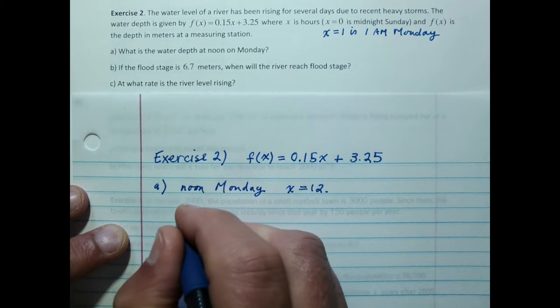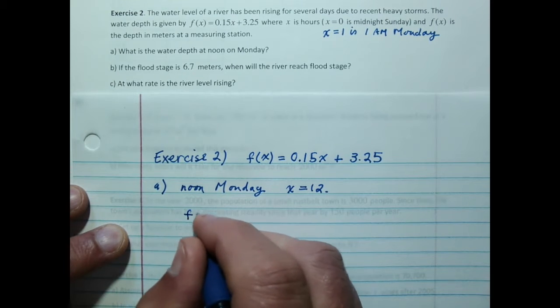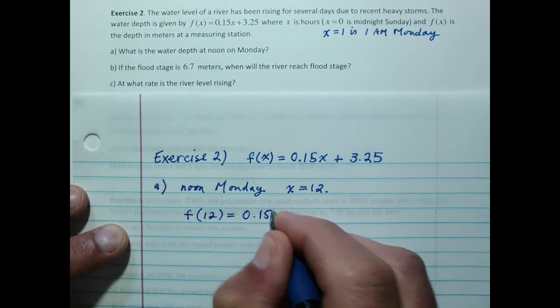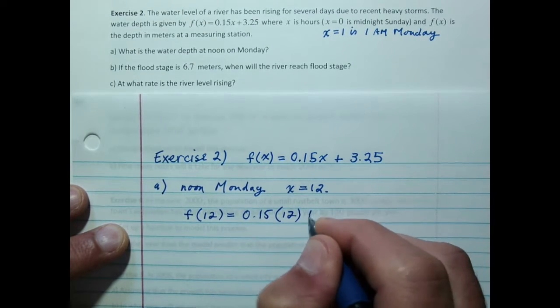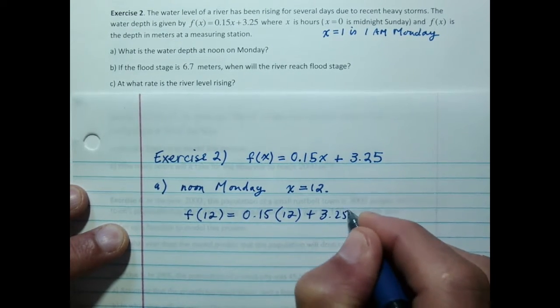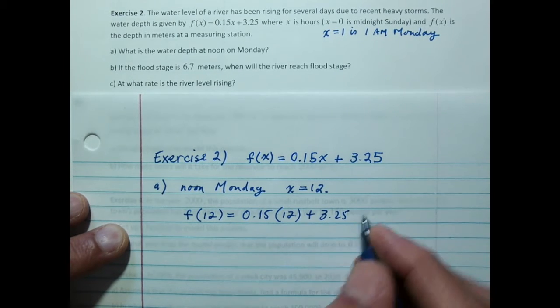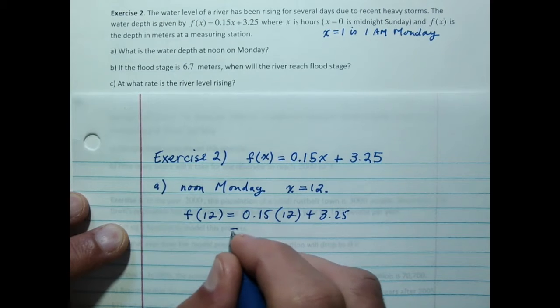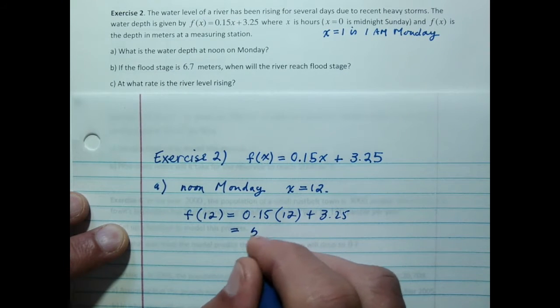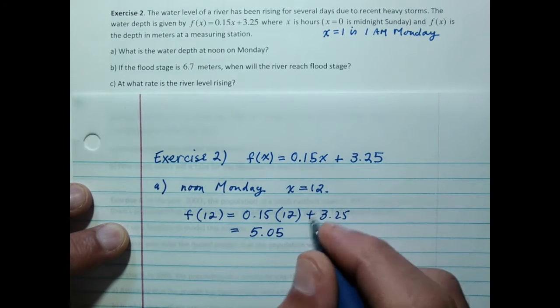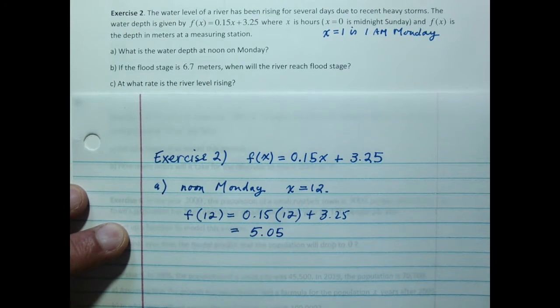So we want f of 12. We want to plug that into the function. It's 0.15 times 12 plus 3.25. And I went ahead and figured this out ahead of time. This turns out to be 5.05. Now write the units on this, because we've got time involved, we've got meters of depth.